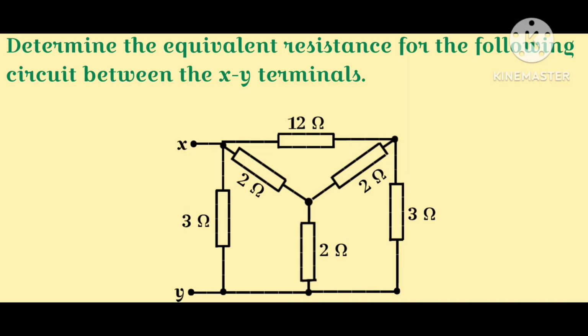Circuit 1. The equivalent resistance between the XY terminals in the following circuit is to be determined. There are no resistors in series, nor are there resistors in parallel. Thus, this is a complicated circuit.